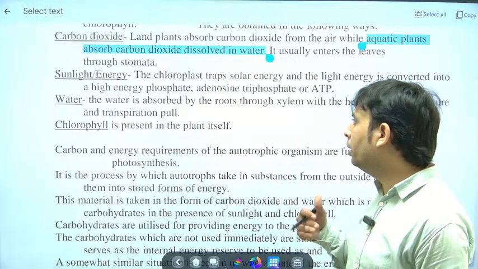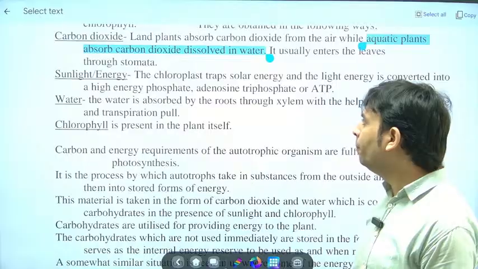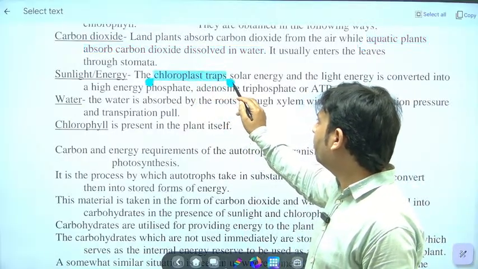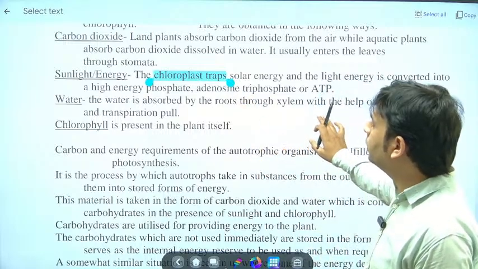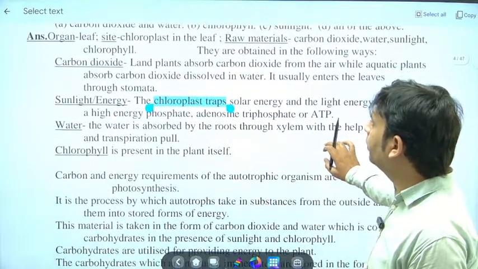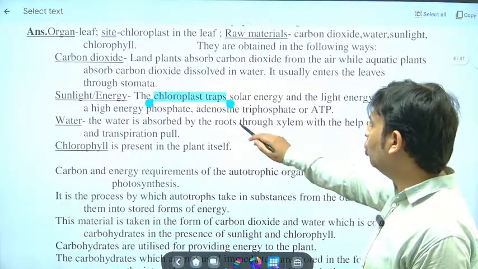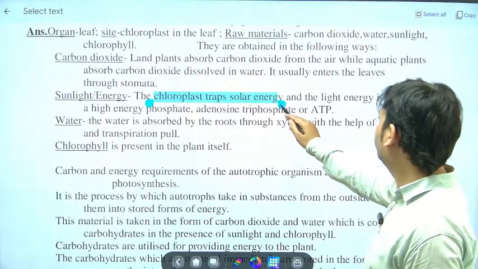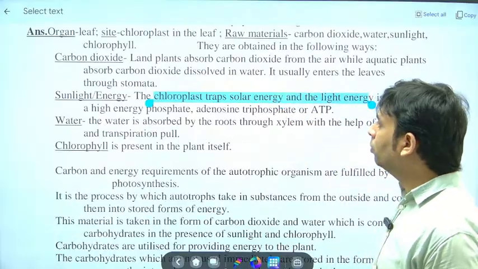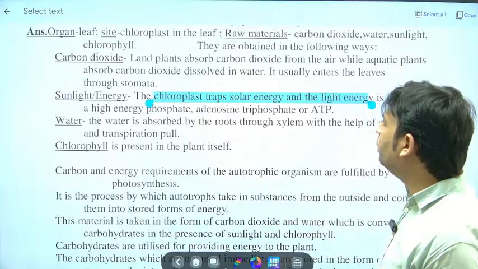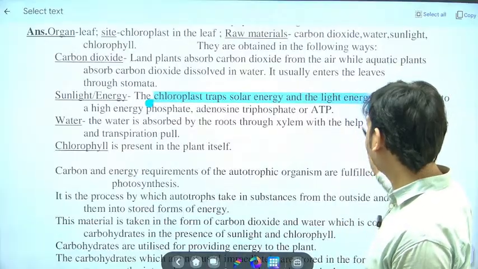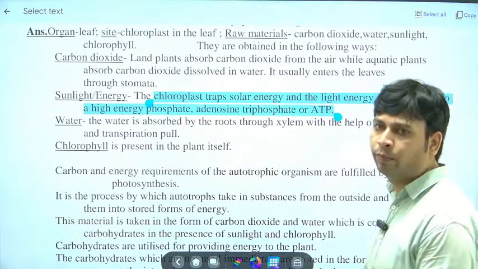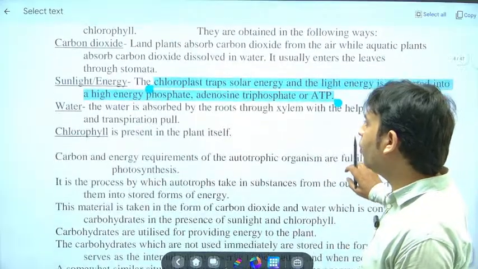Now, the next requirement is sunlight or energy. The site of photosynthesis, that is the chloroplast, traps solar energy, the light energy, and it is converted into high energy phosphate, that is adenosine triphosphate. Now next is water.